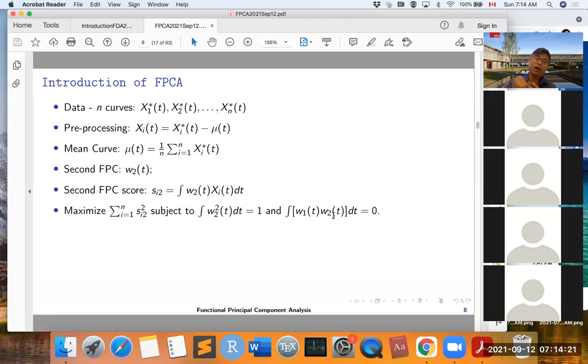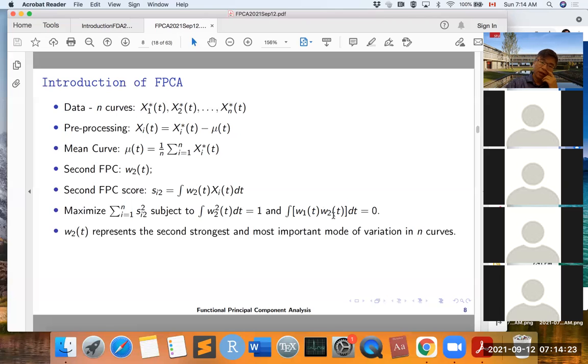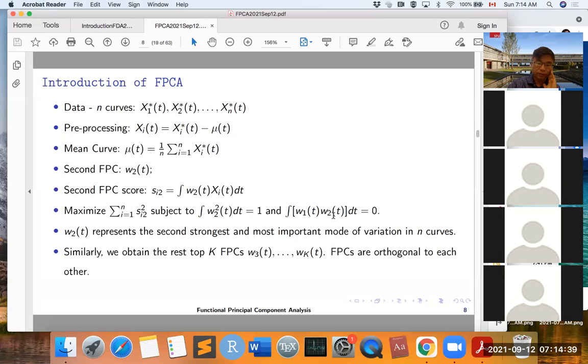Okay, so we want to find the second strongest and most important modal variation in the n curves, W2(t), orthogonal to the first strongest modal variation, W1(t). Similarly, we can obtain the rest of the top K FPCs, W3(t) to WK(t). The FPCs are orthogonal to each other.